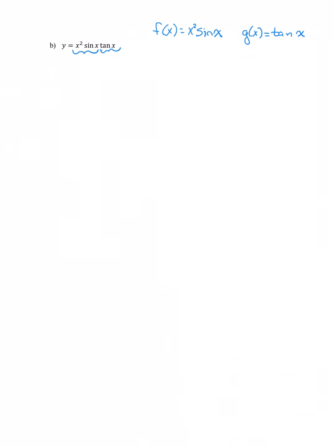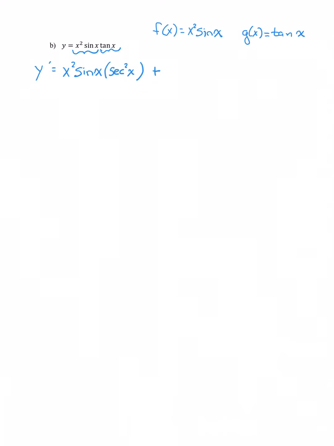So using our product rule, we take our original function and write it as is, but then we have to take the derivative of the second function, which is tangent. And the derivative of tangent, if you look at your box with all the tangent derivatives, is secant squared.